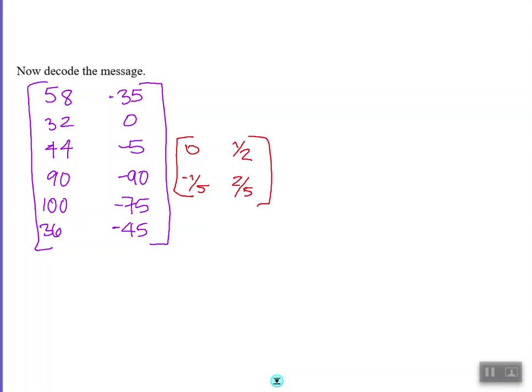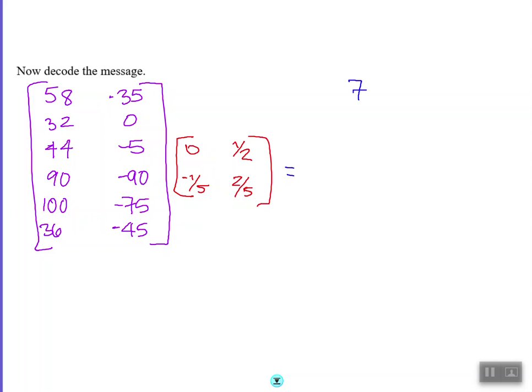So again, if you multiply these together, multiplying the first row times the first column, so 58 times 0 plus -35 times -1/5, you get 0, plus 7, which gives you 7.